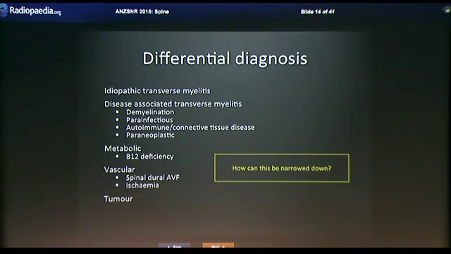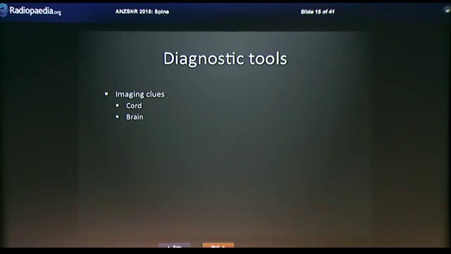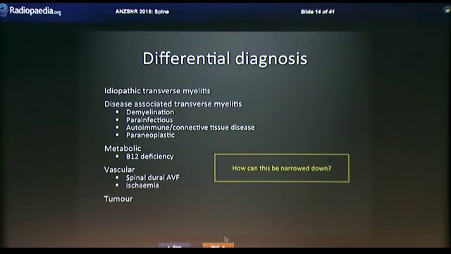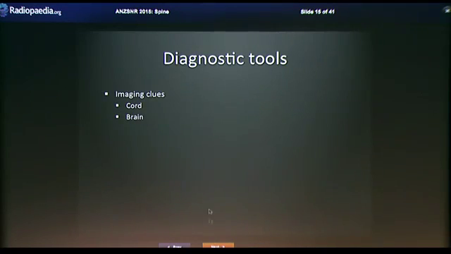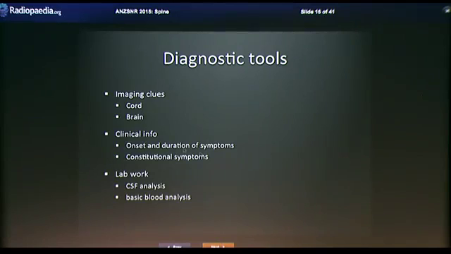Now, I like to think about this as one of those areas where you need to not just rely on the imaging, but it's really helpful to get a bit of extra information. So the clinical info, of which the onset time is very helpful, and the presence of any additional symptoms or background history.